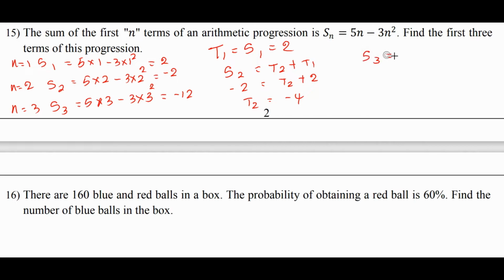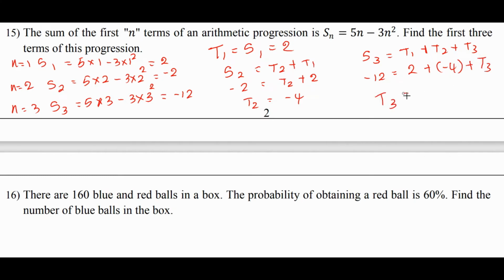S3 means T1 plus T2 plus T3. We know the value of S3 is minus 12, and we can directly substitute the values of T1 and T2: T1 equals 2 and T2 equals minus 4, plus T3.